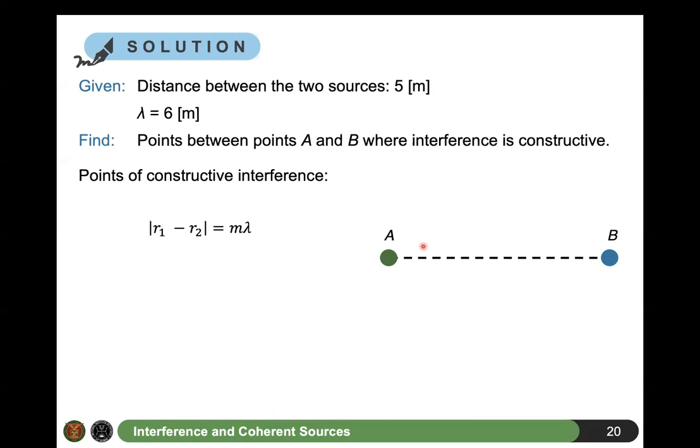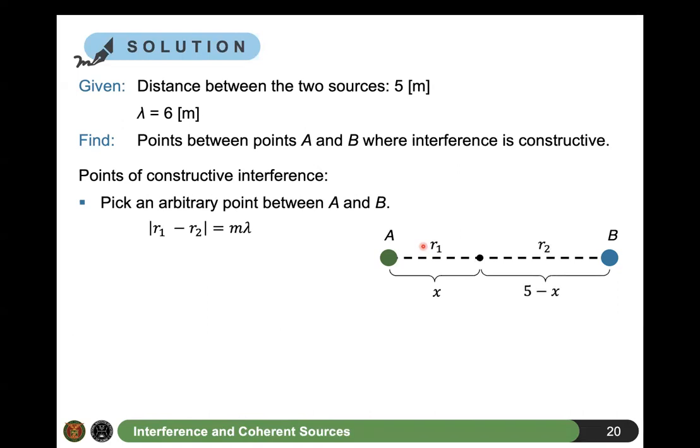So, para maging constructive, we apply yung condition for constructive interference, which is the integer multiple. Okay? So, pick any arbitrary point between A and B. So, yung R1 mo, let's say that will be X, right? Now, if the total distance from A and B is 5, then yung remaining will be 5 minus X. Tama?